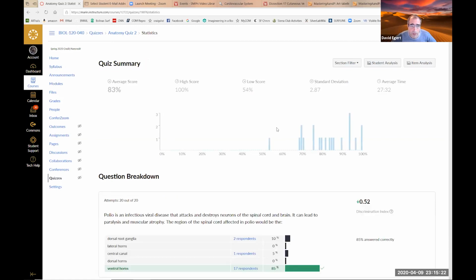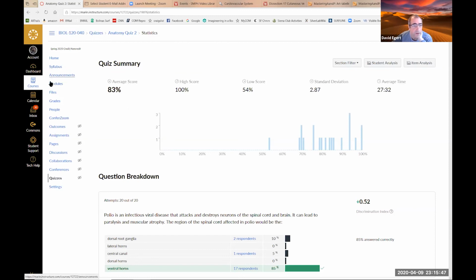Quiz summary. Can you see this little graph here? Is this on the screen for you guys? Yeah, we can see it. So this was like 90 to 100. Most people were in this zone. Some people here, we had, well, we won't talk about that one.